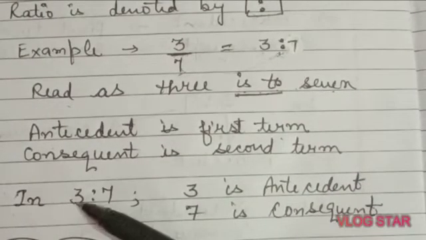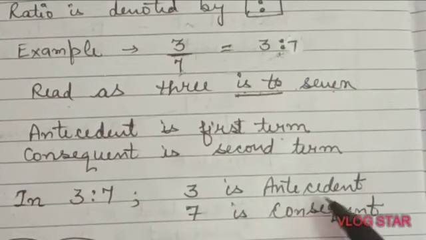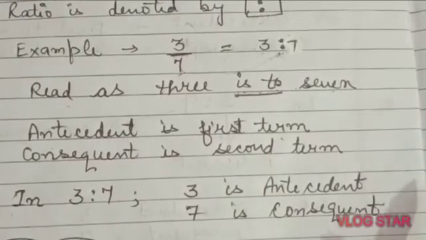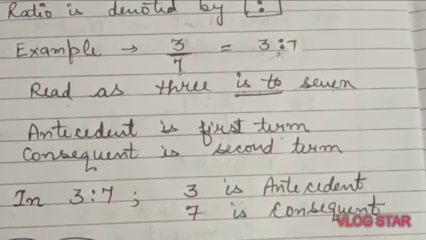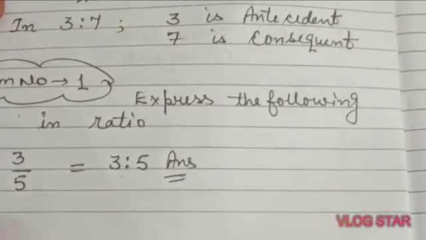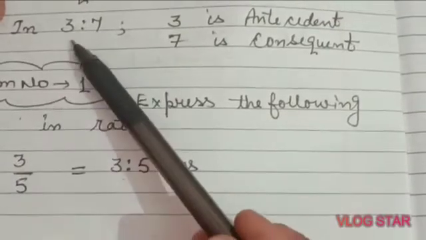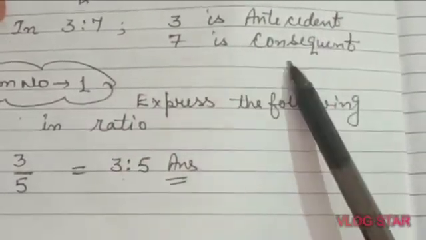So in the ratio 3 is to 7, 3 is the antecedent and 7 is the consequent. So this is all about the small introduction of the ratio. As you have learned, in 3 is to 7, 3 is antecedent and 7 is consequent.